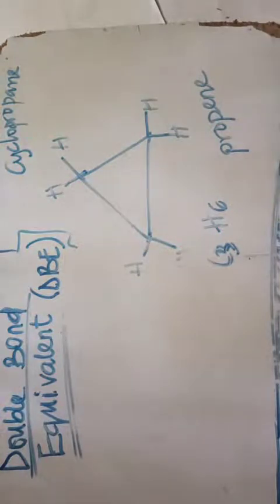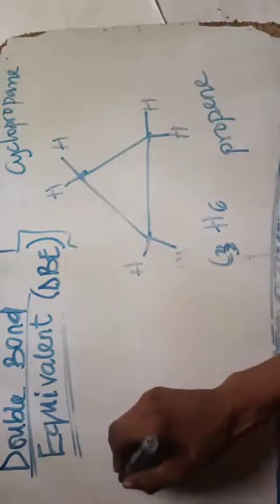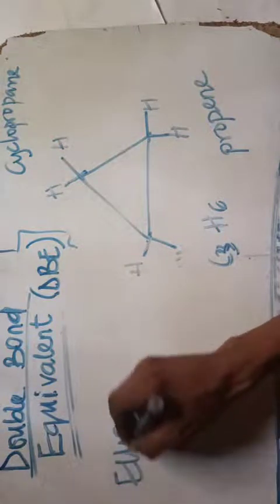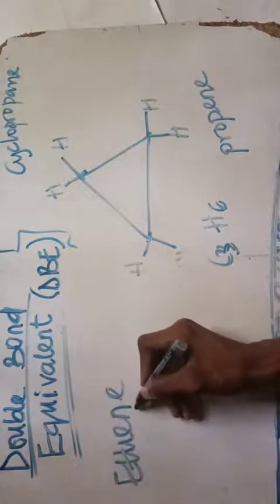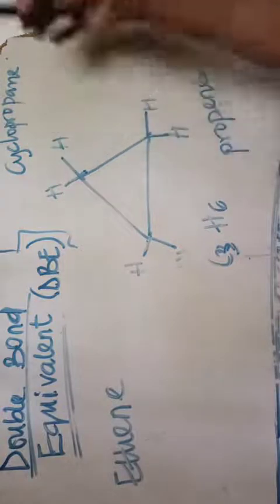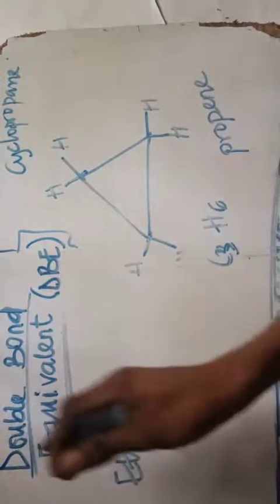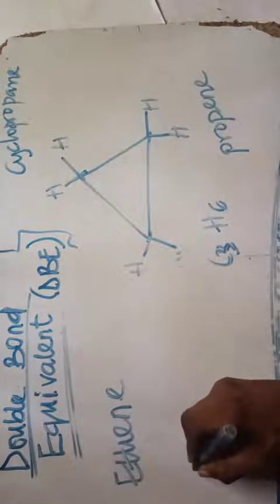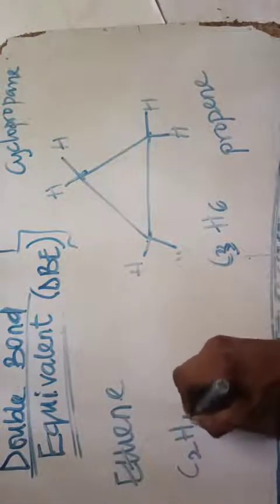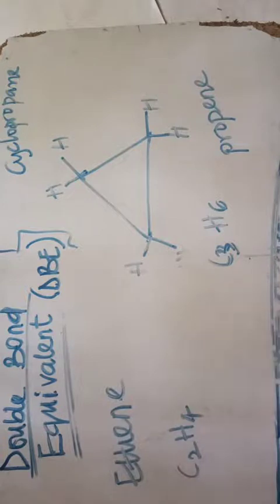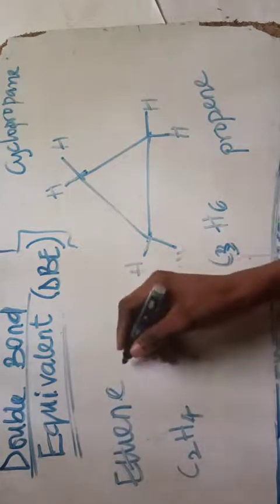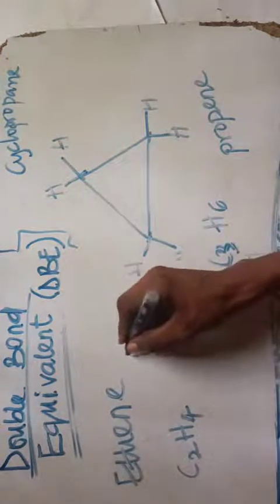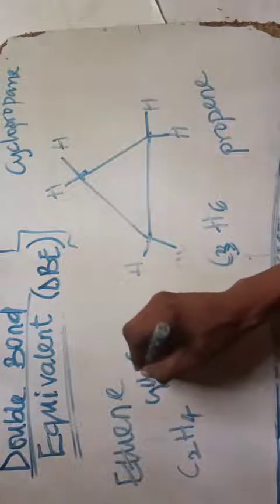So if I add cyclo to ethane, cycloethane will give me what? Just like cyclopropane. So let's confirm that ethane. Ethane is C2, right? That is C2H4. So cycloethane, okay.